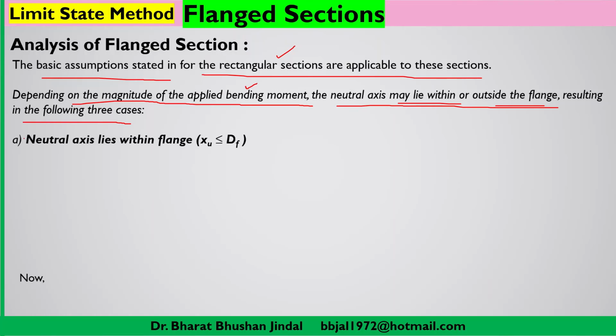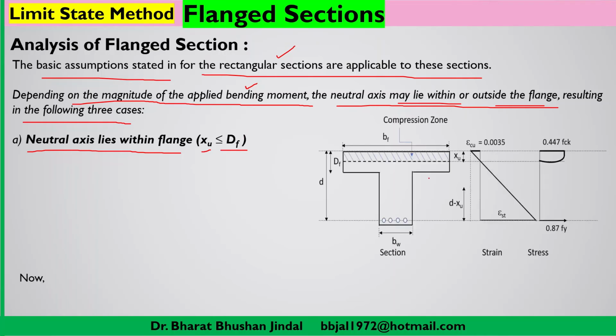Now, the first case which we can consider is that if the neutral axis lies within the flange, then the depth of neutral axis will be definitely less than the thickness of the flange or depth of the flange. So this type of diagram you can easily understand that this is a T-beam section, and this dotted line indicates the position or location of the neutral axis.